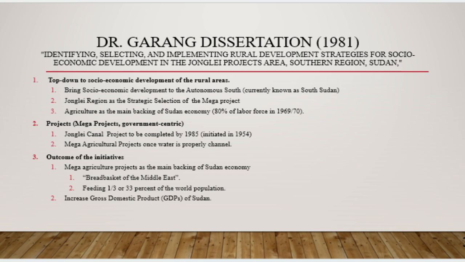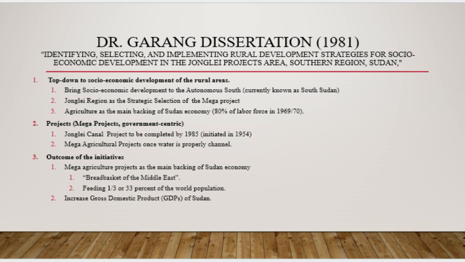The top-down approach to socio-economic development, which is being driven by North Sudan and Egypt, having that mega project so they can support their agriculture in the north or in the desert. And the second part was having that mega project, which is a government-centric project, to ensure they could employ their populations.